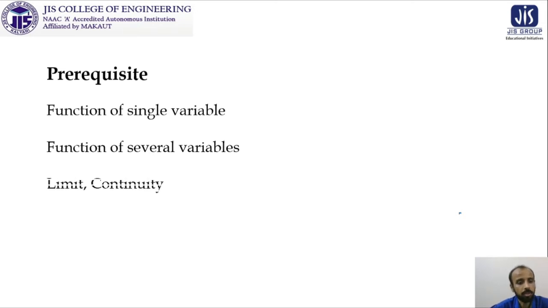We also need the concept of limit and continuity. It may not be required directly from the definitions of limit and continuity for the problems we are going to discuss today, but the concept of limit and continuity for functions of several variables is very much required for this class. And finally, we need the problems from the definition point of view and from the technical point of view, the topic of partial differentiation.